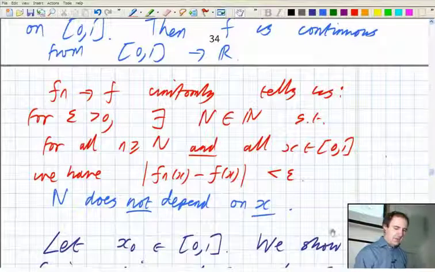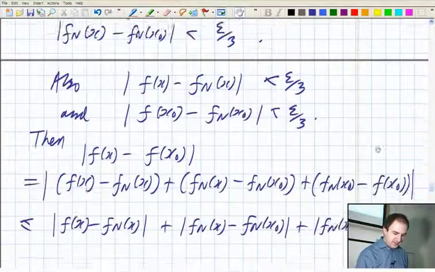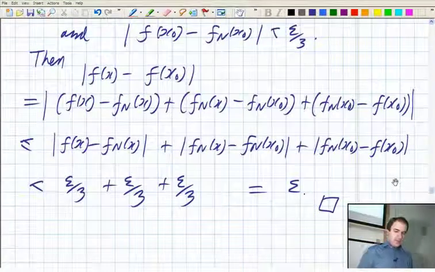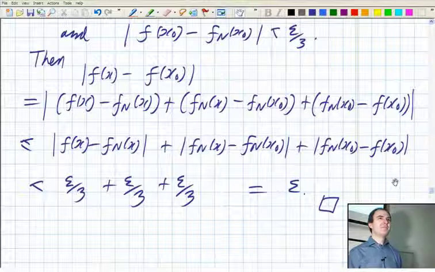So we did an epsilon over 3 proof to get our epsilon. This is a typical thing. We said in order to show that the limit function f doesn't vary very much near a point x naught, nearby, one of the functions that's very close to it doesn't vary by more than epsilon over 3.